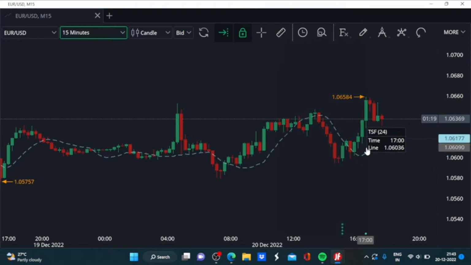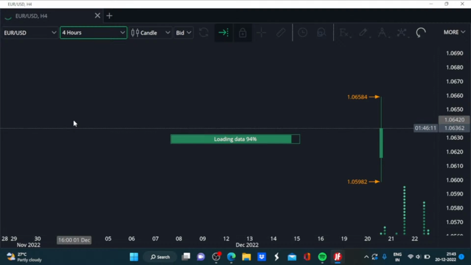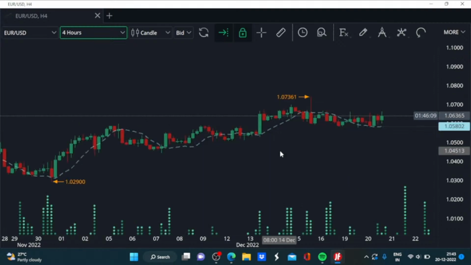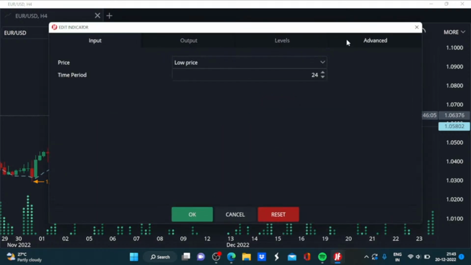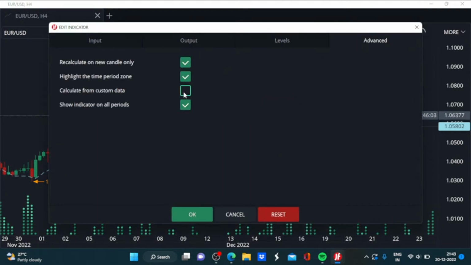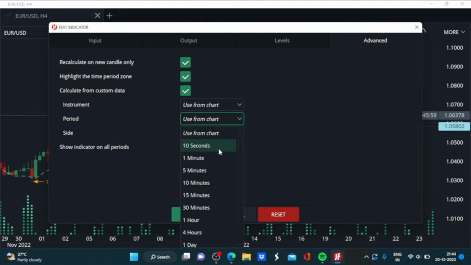So here the time series forecast has been now plotted using 15-minute candle data, and if I change to say, for example, 4 hours, then the calculation will be based on 4 hourly formation, but we can define it independently of this factor also. So if you want to keep it fixed, that can also be done.